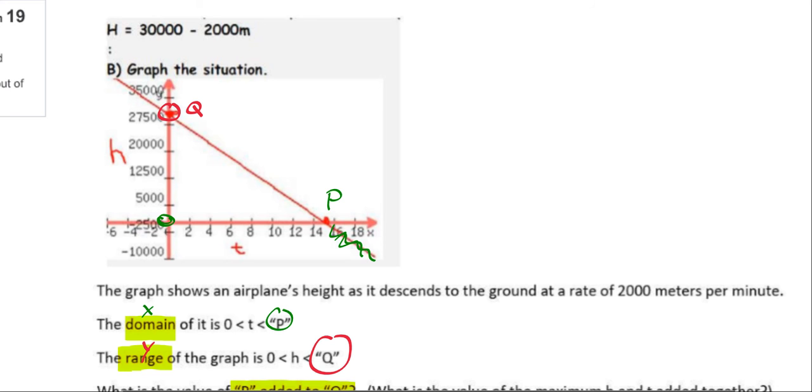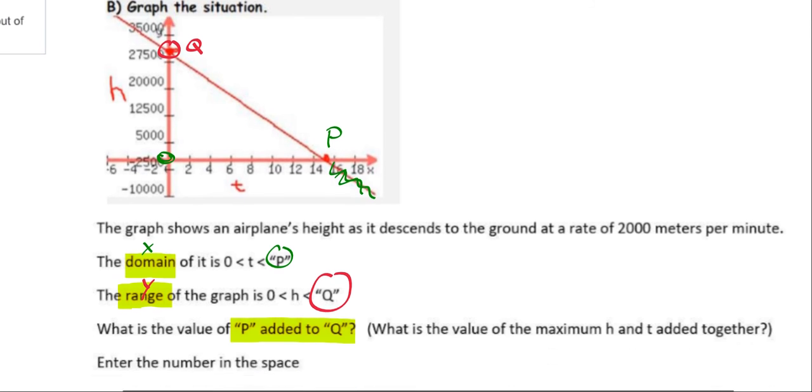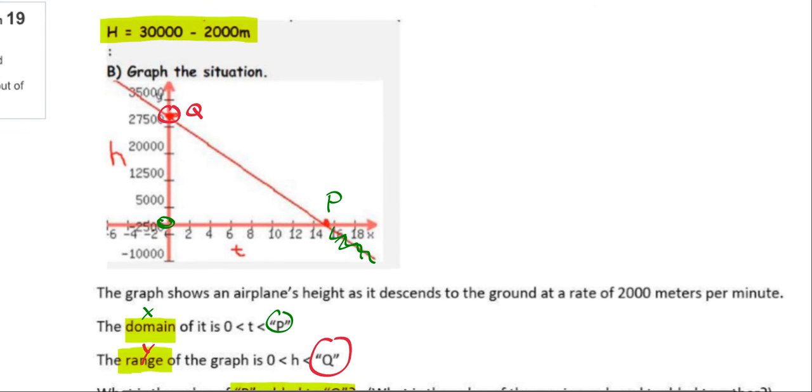So here's the equation. H is equal to 30,000 minus 2,000 m. We want to know both intercepts, so we need to say what happens when this value is 0 and what happens when that value is 0. We need to do them separately. The easier one is to set m to 0 first.